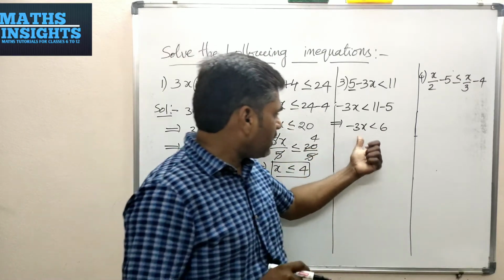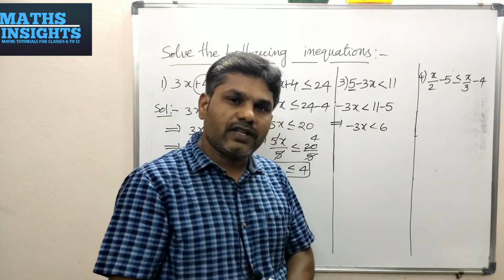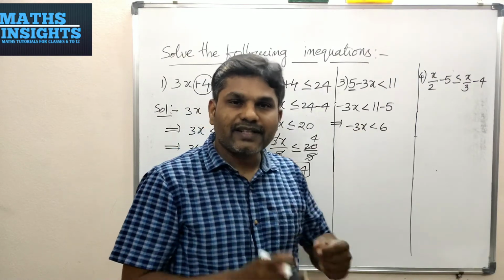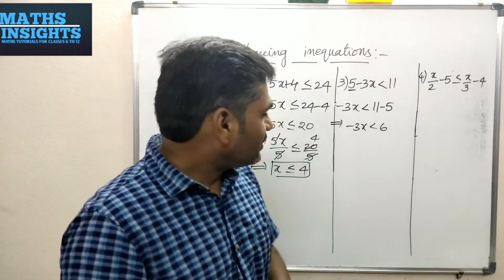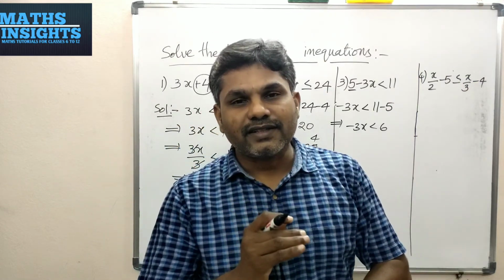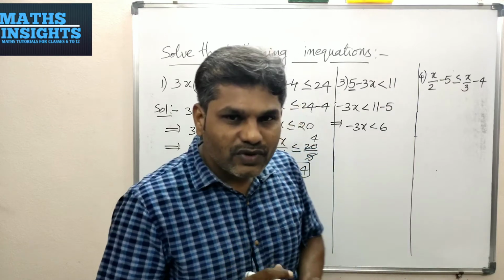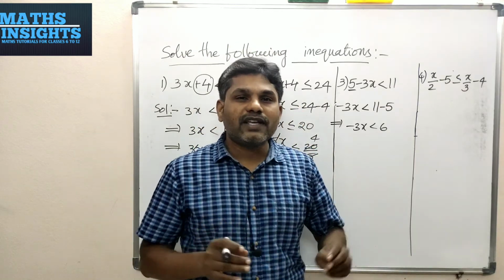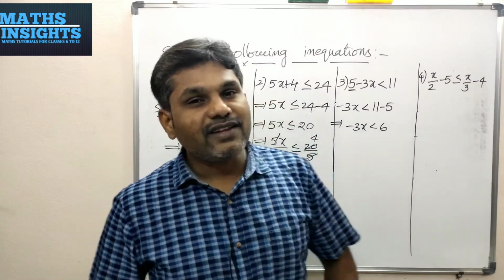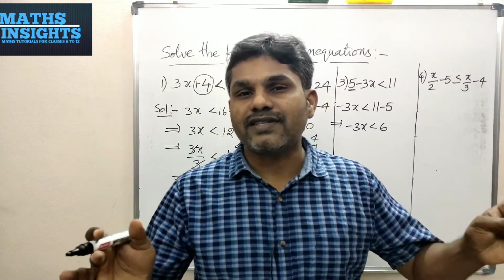Now here I have minus 3x, but I want only x. So I have to remove this minus 3. Then a problem arises here. To remove this minus 3, I have to divide by minus 3. As per the rule, if you divide or multiply by a negative number, the sign of inequality reverses.